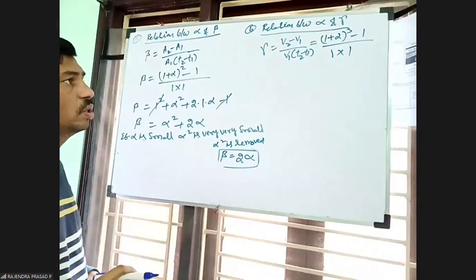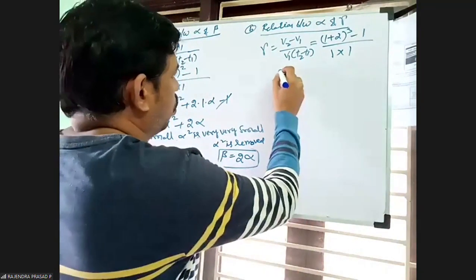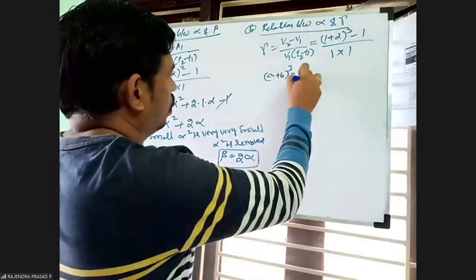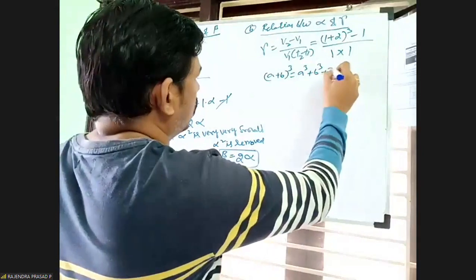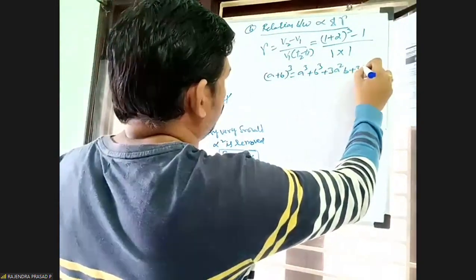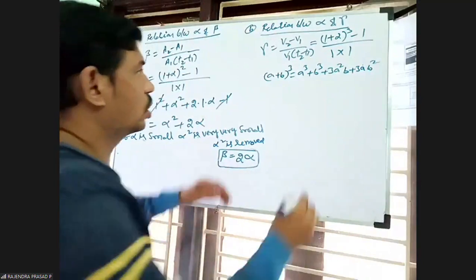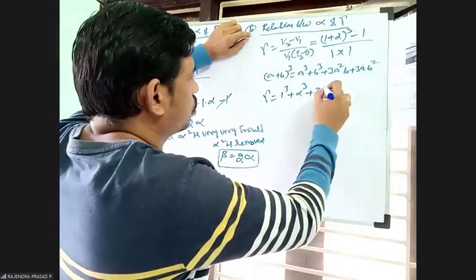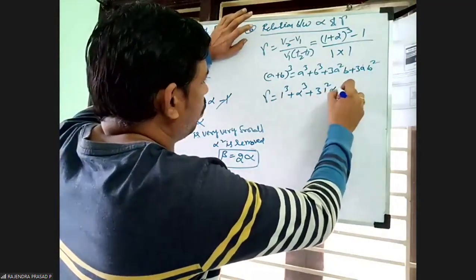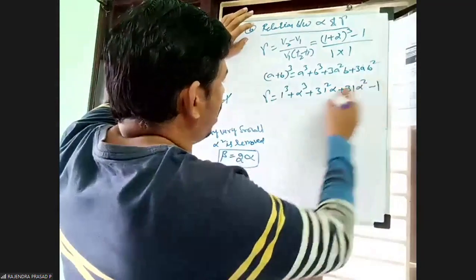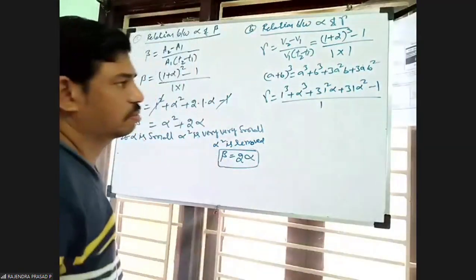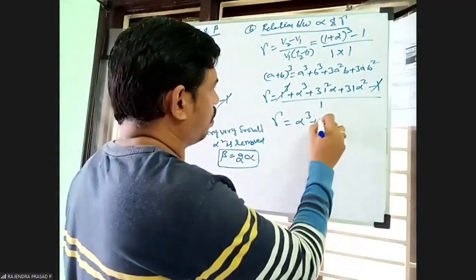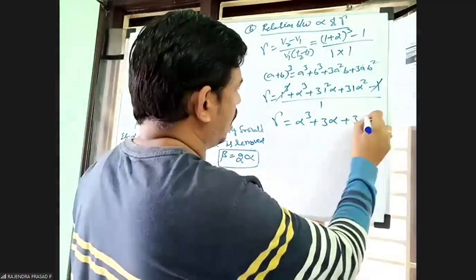What is (A plus B) whole cube? A cubed plus B cubed plus 3A square B plus 3AB square. This is the formula. So gamma equal to 1 cubed plus alpha cubed plus 3 alpha plus 3 alpha square minus 1 by 1. So 1 cubed and 1 cancel. Gamma equal to alpha cubed plus 3 alpha square plus 3 alpha.